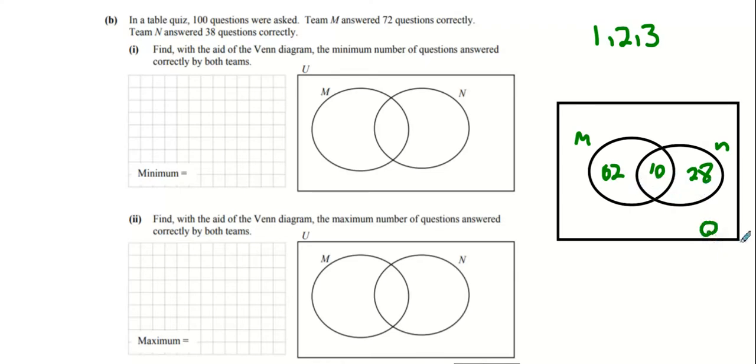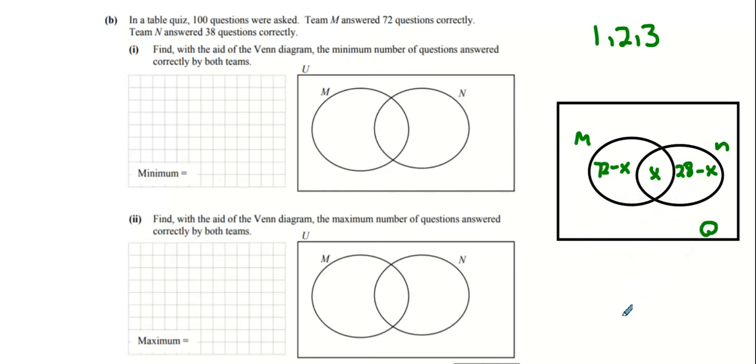Basically, the way of thinking of that is, imagine that you put the outside as 0. That means you're going to have x in the middle, and that'll be 72 take away x, and that'll be 38 take away x.